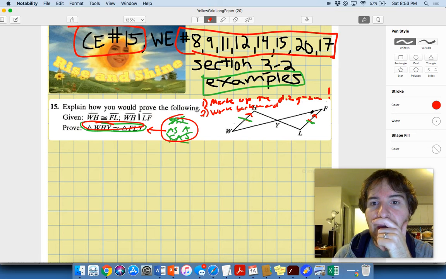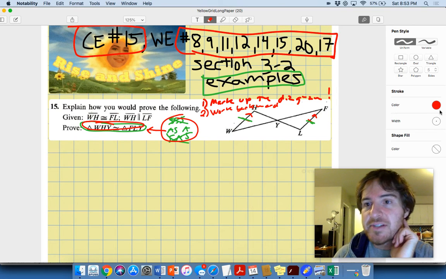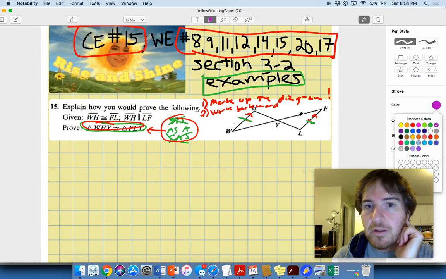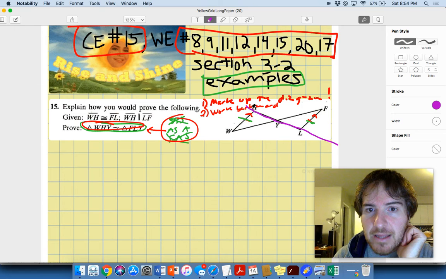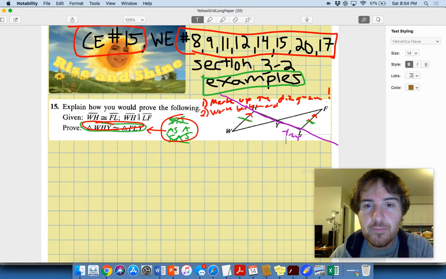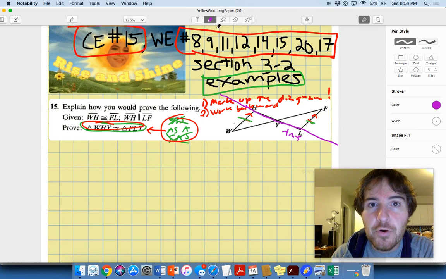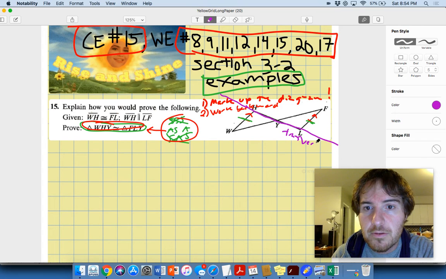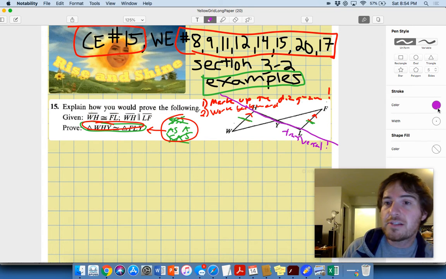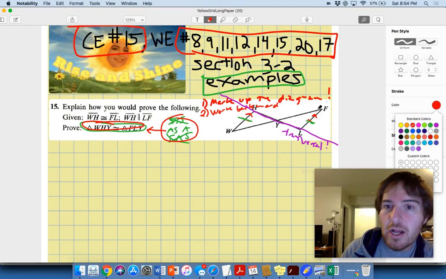Well, I have parallel lines, so that's nice here. What do I have running down between those parallel lines? I have a what? This, my friends, line LH, is a transversal. Okay, a transversal. That's cutting across two parallel lines, right?